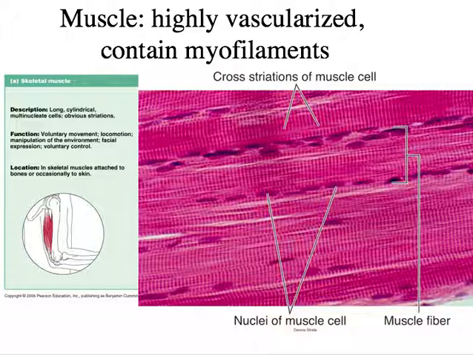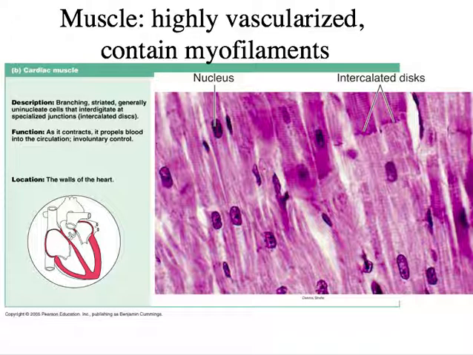Again, with skeletal muscle cells, there's no separation. It's just one big long cell. Cardiac muscle cells work much the same way that skeletal muscle cells work, but there's that separation. They are called intercalated discs. That's a primary differential between cardiac muscle cells and skeletal muscle cells, and they have a very important reason for being.